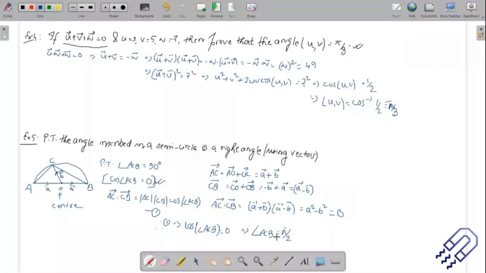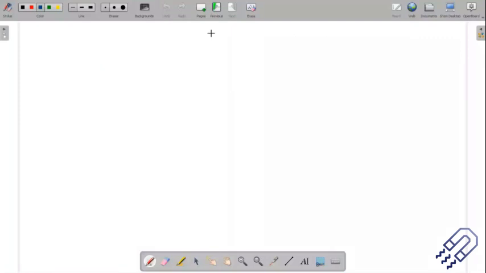So maybe this problem: prove that A cross B cross C plus B cross C cross A plus C cross A cross B is equal to 0.